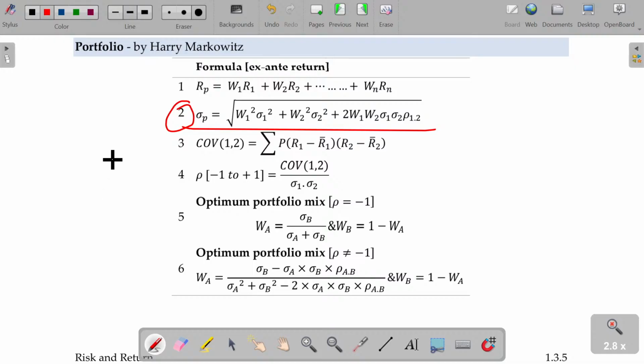If I need to add A and B in my portfolio, then I can use this formula. If I want to add A, B, C, three shares in my portfolio, the same second formula is extended. If I want to add 15 or 20 shares in my portfolio, the formula runs through a page. So anyhow, you just try to understand the logic.